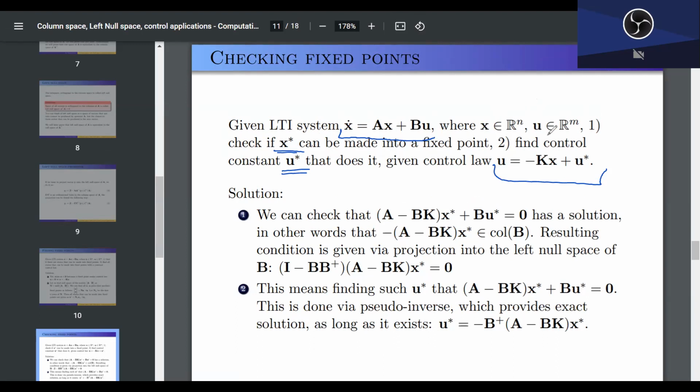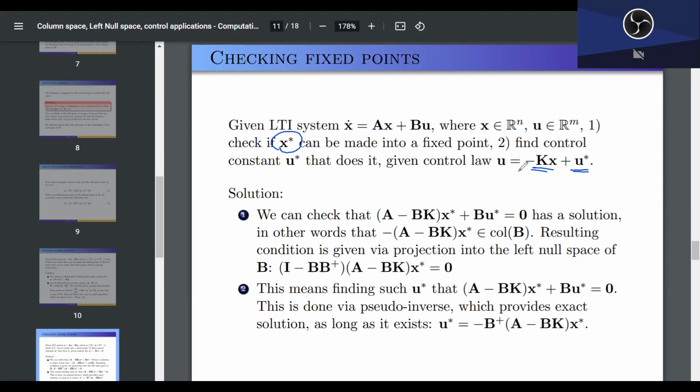That is actually very typical. That's called feed-forward control. Someone designed feedback. They used LQR to find K. But now you need to find this component of the control law, because you want the robot to stay at this state.